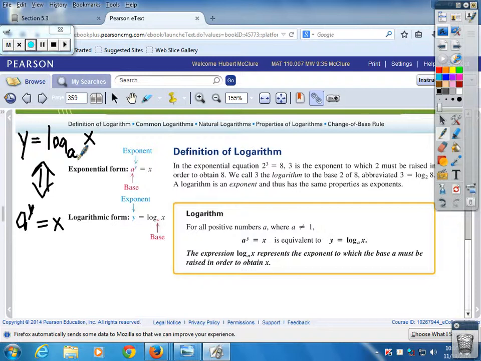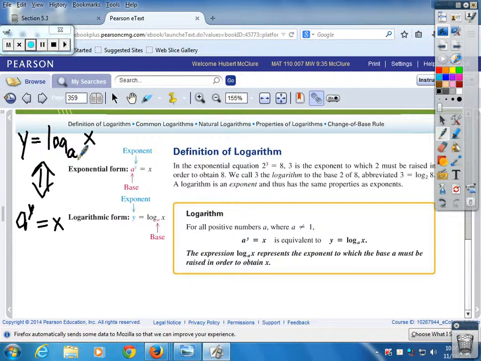So please don't try to write them down or look at them in a book or your notes while you're doing your homework. That basically means that if I'm given an exponential equation, I can rewrite it as a logarithm, or if I'm given a logarithmic equation, I can rewrite it as an exponent.